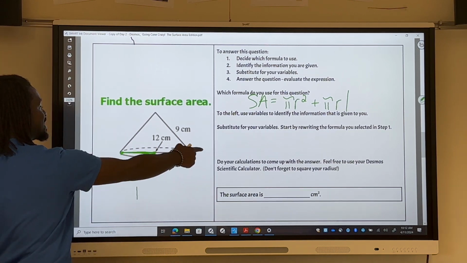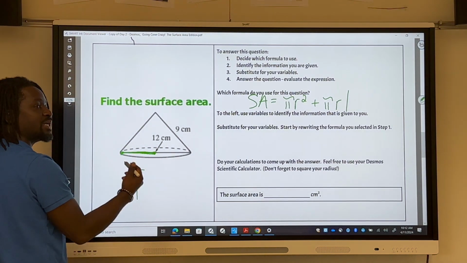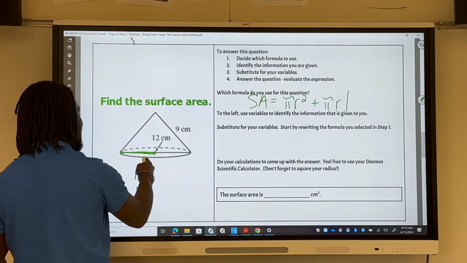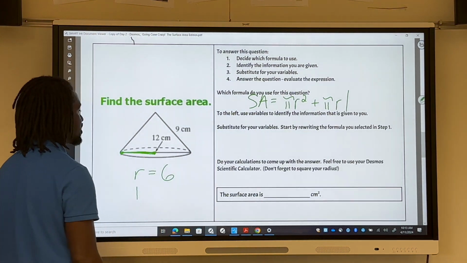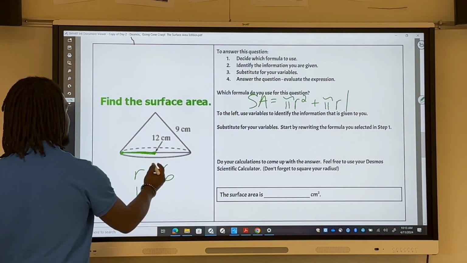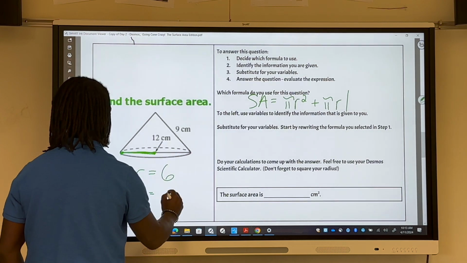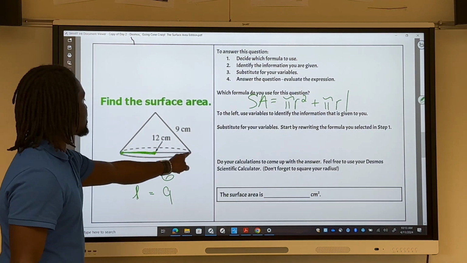So this is the diameter. You don't need the diameter, you need the radius. So we got to take half of that. So half of 12 would be 6. So 6 is my radius, and then my L, my slant height, is 9. Okay, again, you got to remember it's the slant height.